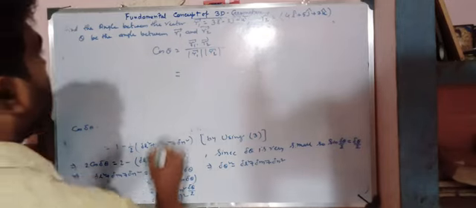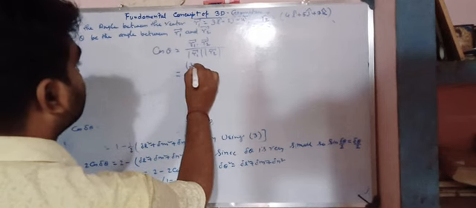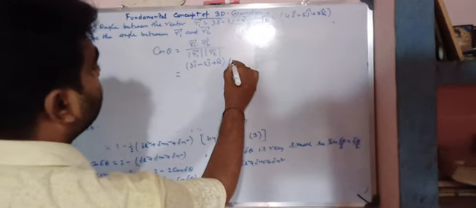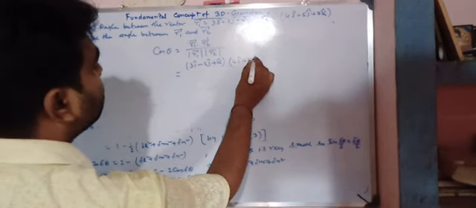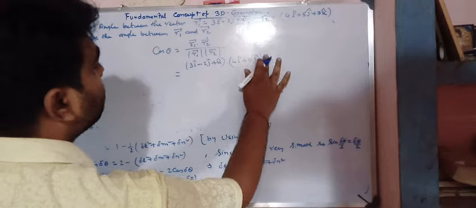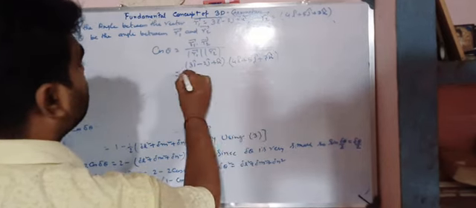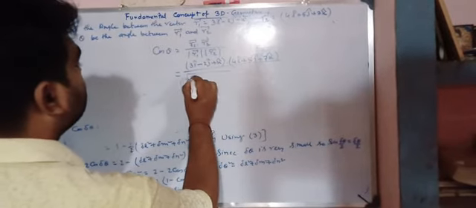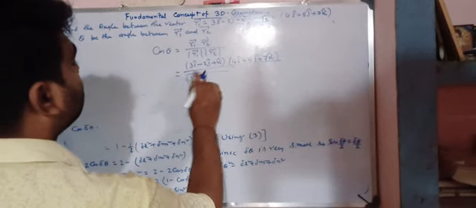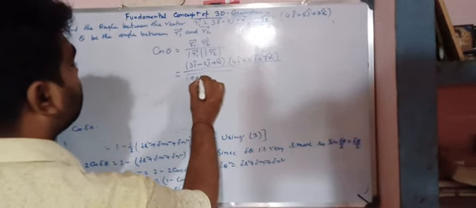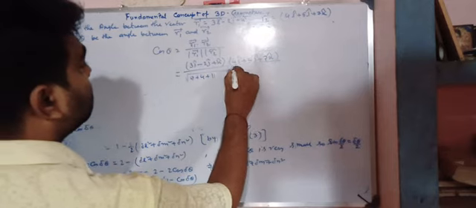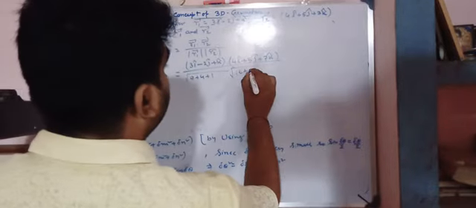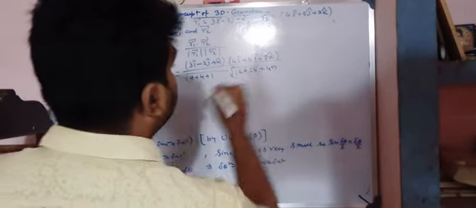That is, 3 i cap minus 2 j cap plus k cap dot 4 i cap plus 5 j cap plus 7 k cap, divided by root over of 3 square, minus 2 square means 4, 3 square means 9, 9 plus 4 plus 1, into root over of 16 plus 5 square 25 plus 49.